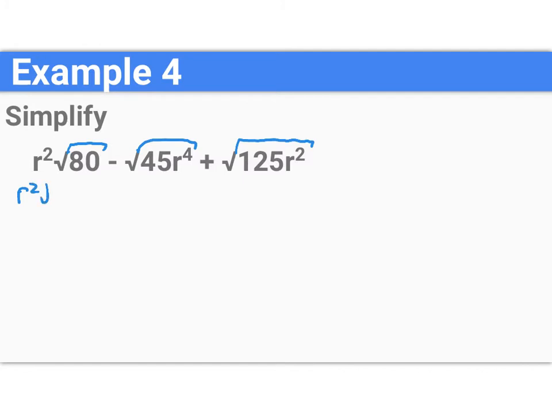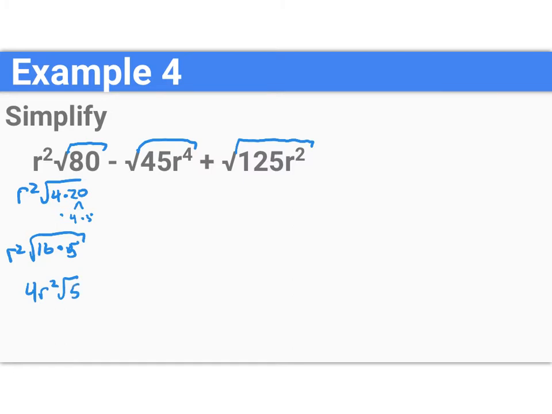All right, so you have 4 times 20, but then 20 breaks down into 4 times 5. 4 times 4 is 16 times 5. And see, what I'm looking for is perfect squares. The square root of 16 is 4, so you got 4r squared times the root of 5.